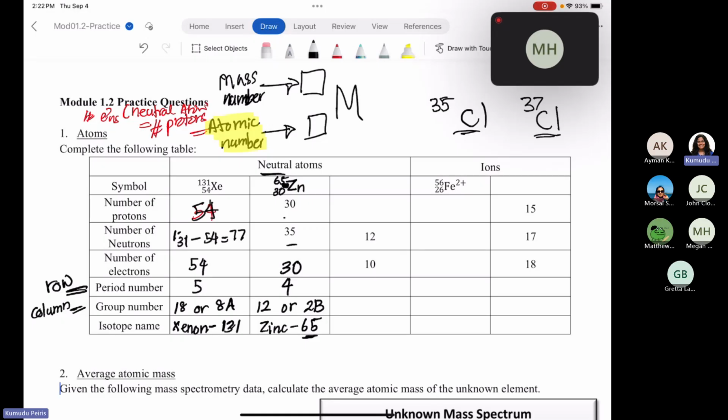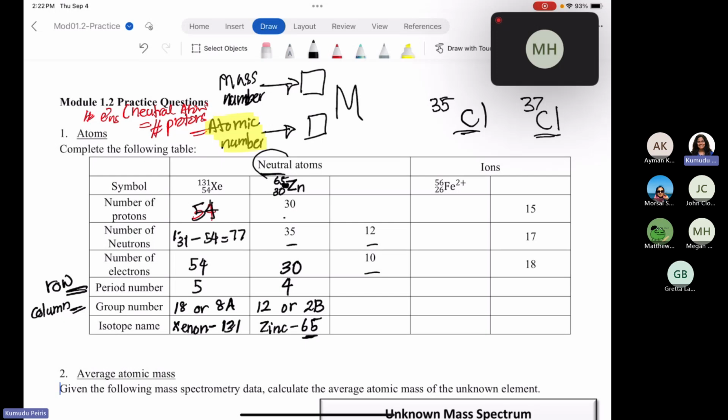We were given that the number of neutrons is 12 and the number of electrons is 10. How could we find the number of protons here? We have a very good situation here, since we are looking at neutral atoms.